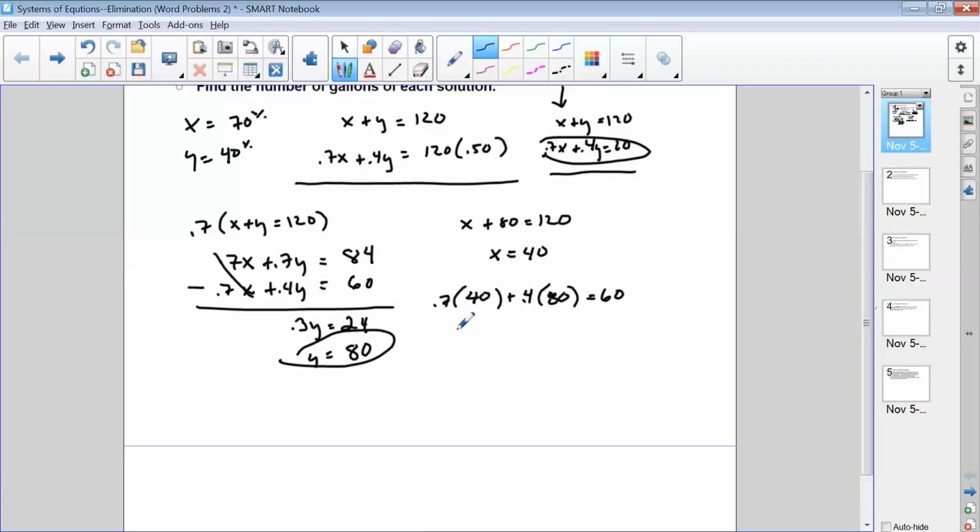And this is going to give me 28 and 32, and that's 50 and 10, so that's 60 equals 60. So what is your solution? It would be written as an ordered pair of 40, 80 as your solution.